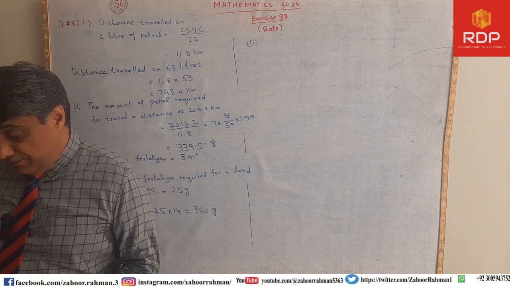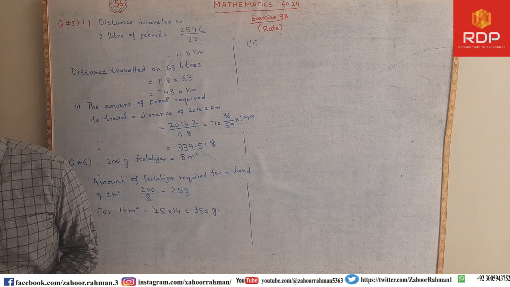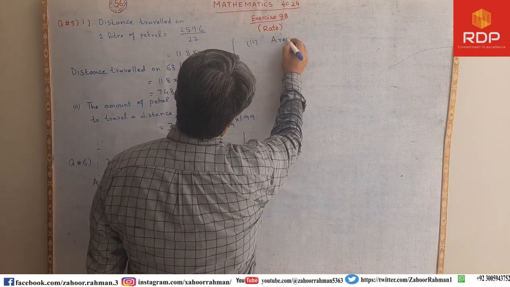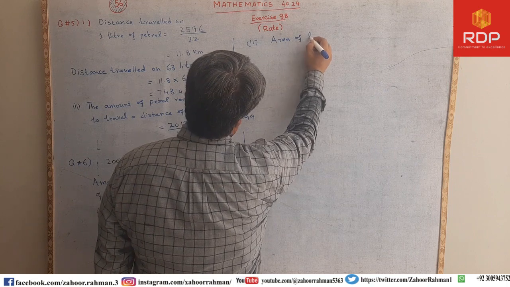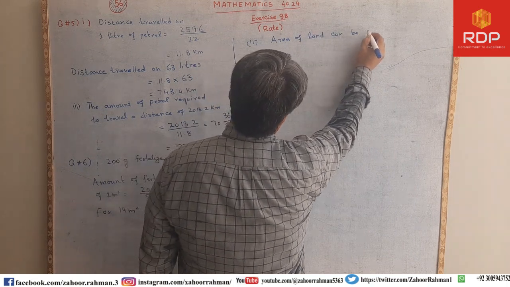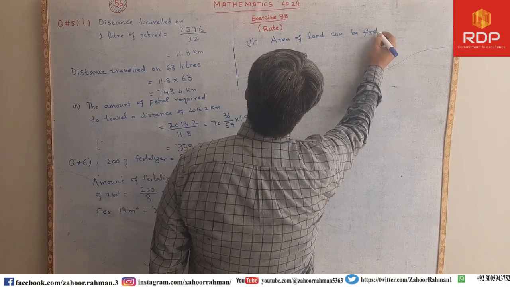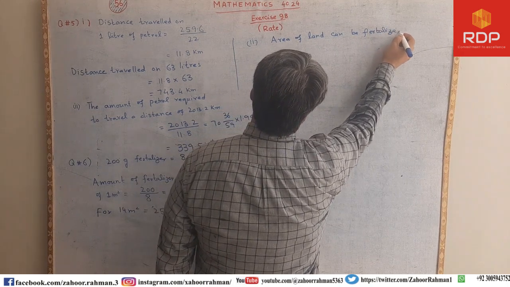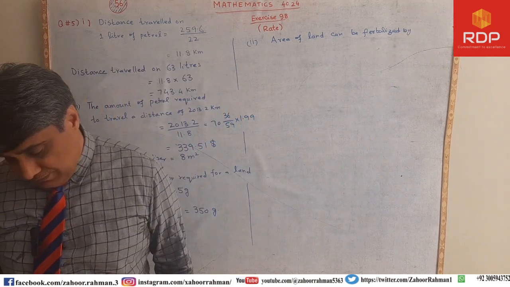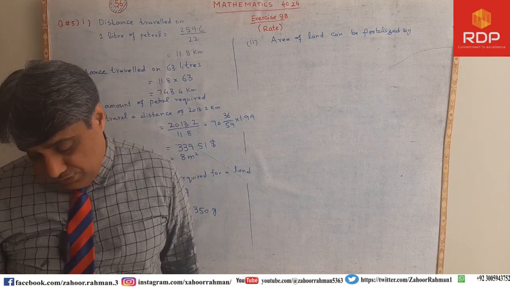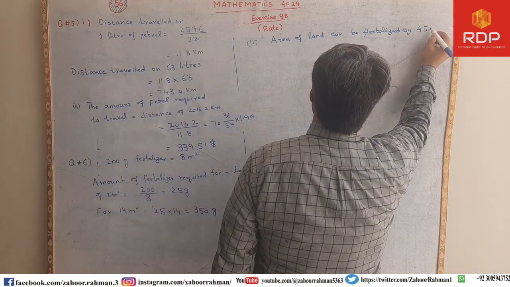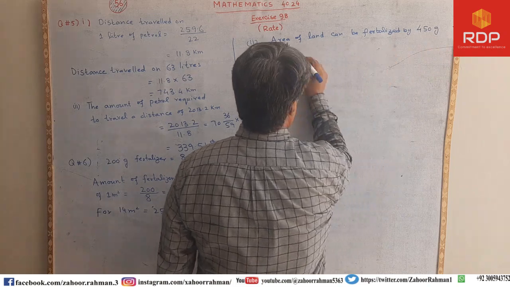So the area of land that can be fertilized by 450 gram of fertilizer.